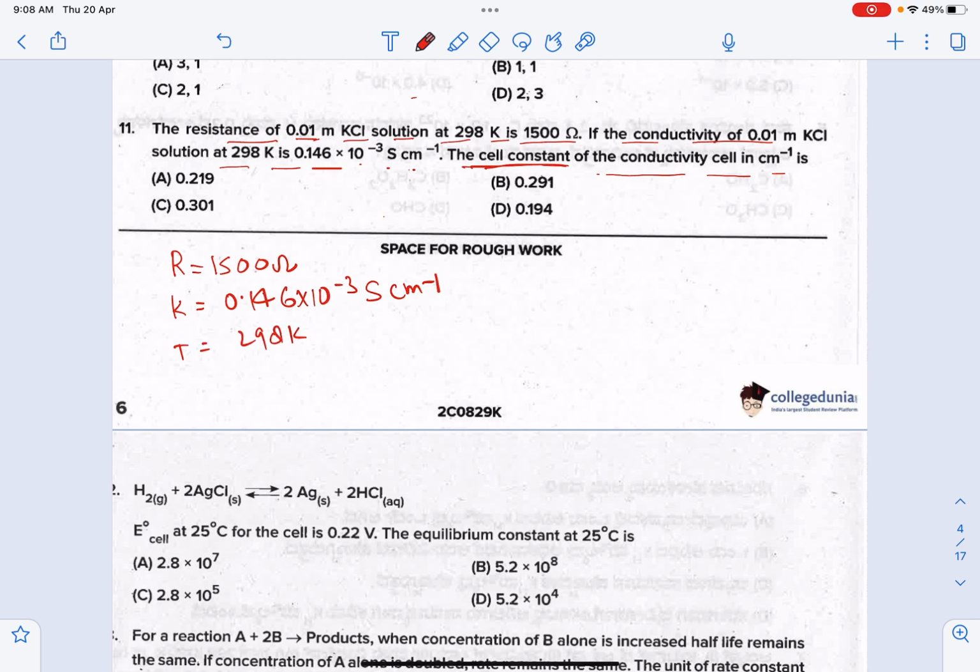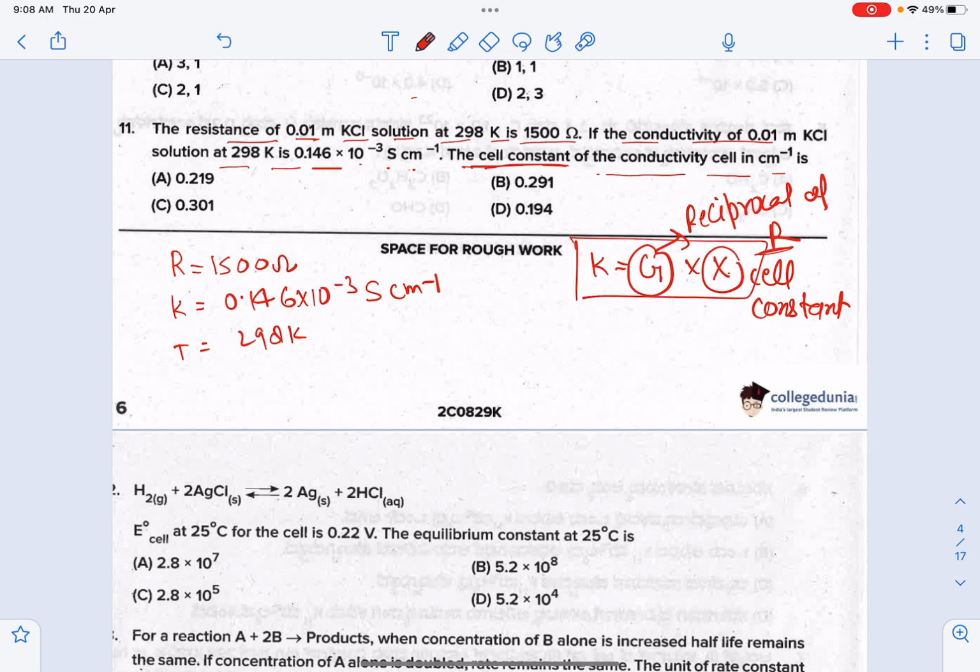Now use the formula: conductivity K equals G times X, where X is the cell constant which is asked in the question, and G is the reciprocal of R, that is resistance. From this formula we can solve our question.